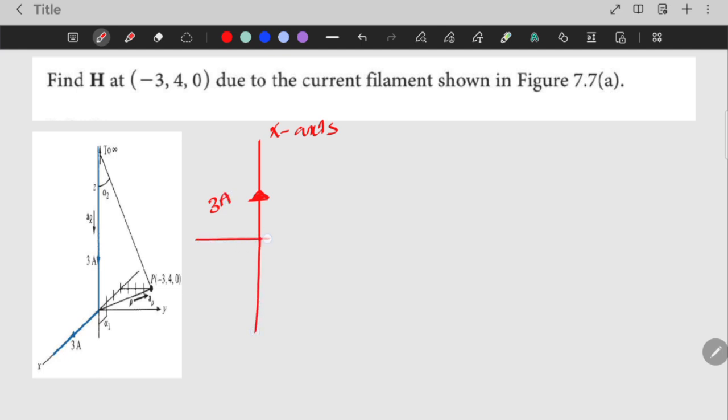This is the x-axis, this is the y-axis, and our observation point is (-3, 4, 0). This is the OP. The current element is extended up to plus infinity on the positive x-axis. So this case is very similar to the observation point below the conductor.